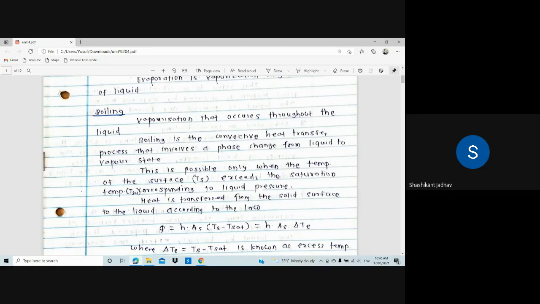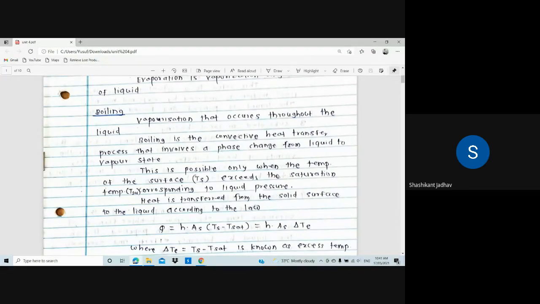Which law is there? That is Newton's law of cooling. And what is the equation for that? Q is equal to H into A into temperature difference, the surface temperature of the solid surface and the saturation temperature of the liquid. So write down the equation: Q is equal to H into surface area into (Ts minus Tsat), or H into A into delta T excess, that is the excess temperature.